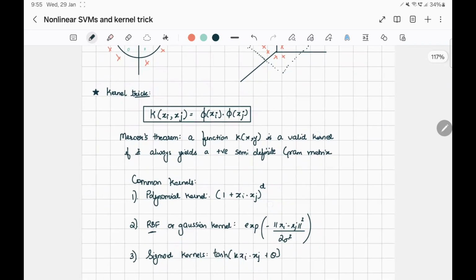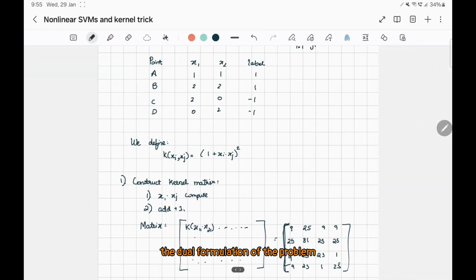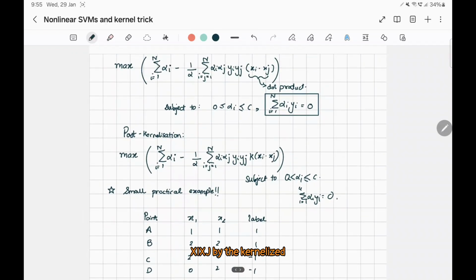And about which kernel functions are valid, we have Mercer's theorem, which says that a function K(x, y) is a valid kernel if it always yields a positive semi-definite Gram matrix, and the dual formulation of the problem remains the same, except that we swap xi·xj with the kernelized value K(xi, xj).